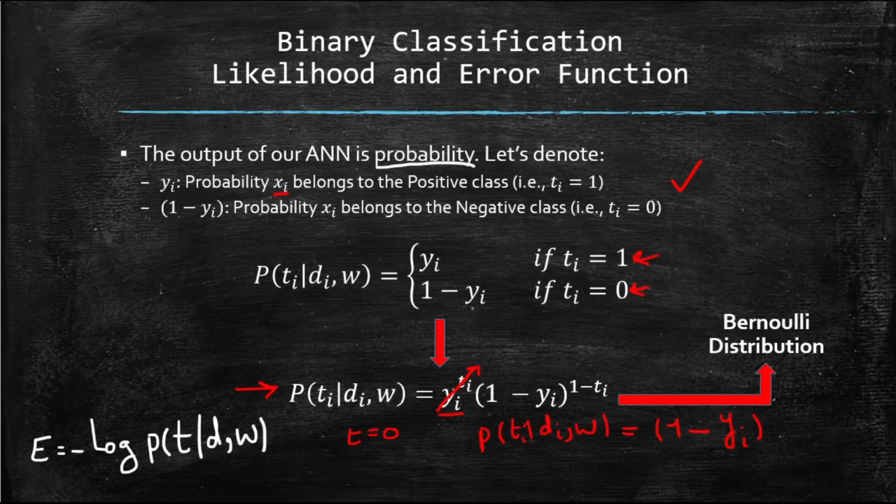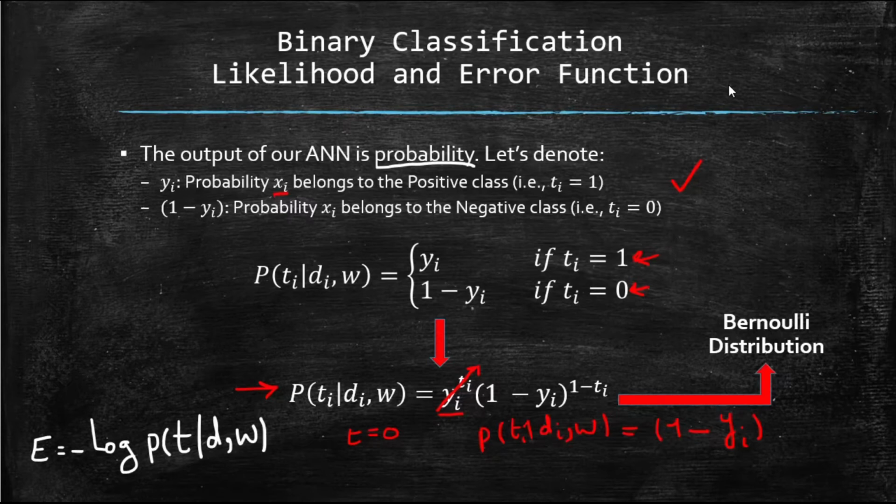If the ground truth for your network for the input is 0, then 1 minus the prediction of your network is going to show the probability of your input belonging to the negative class. So y sub i is not what you're going to look for. 1 minus y sub i is going to denote the probability of the input belonging to the negative class.